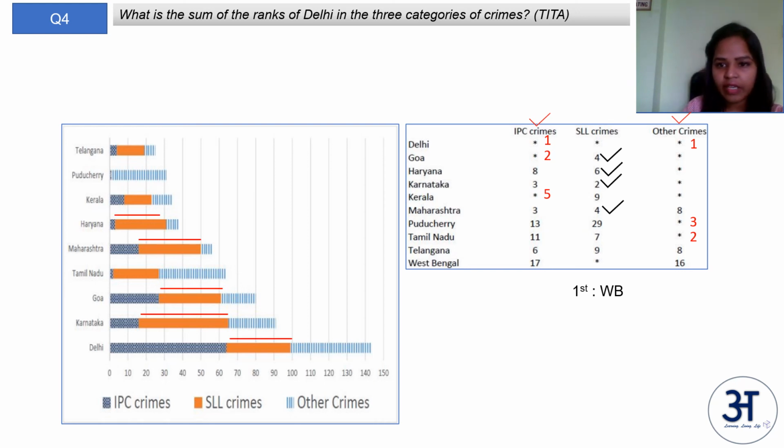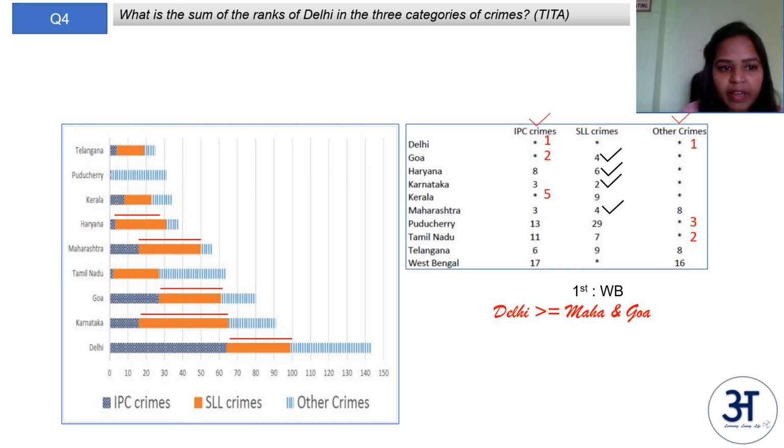So I marked rank 4 and rank 6 and I'm comparing them with Delhi to see if it falls somewhere in between these, right? I am unable to tell whether Delhi is greater than or equal to Maharashtra and Goa. For me, it looks almost equal, but it is definitely not lesser, right?